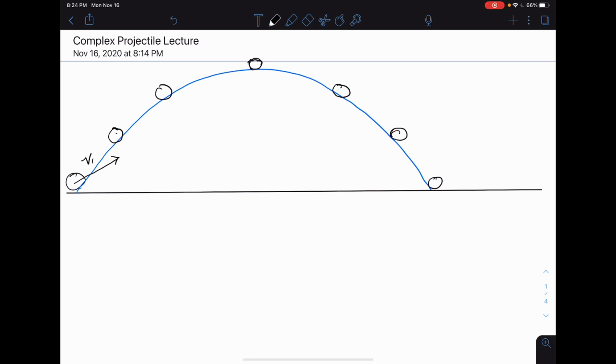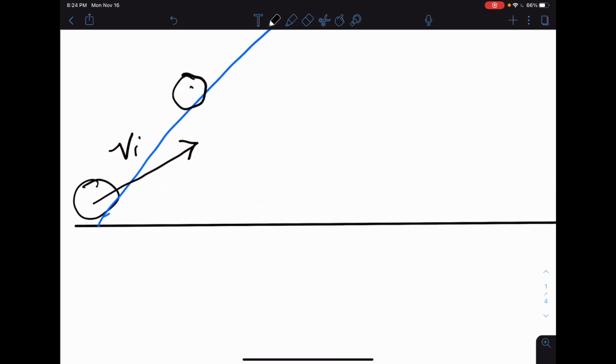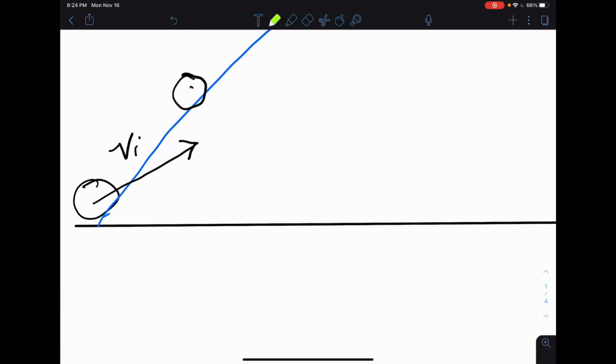And once again, it's launched horizontally and vertically. And we know that we can split that velocity up into an x component and a y component, right? And let's use different colors for these. Let's go with green for the x component, and let's go with red for the y component.